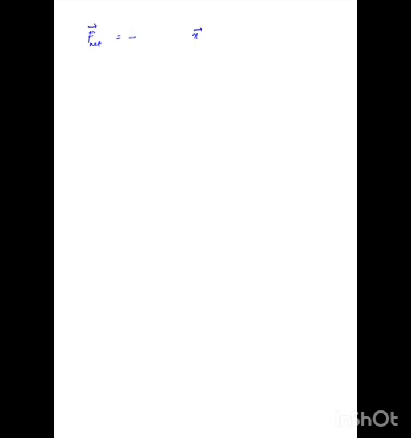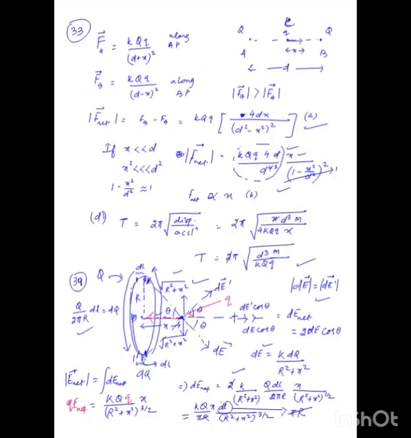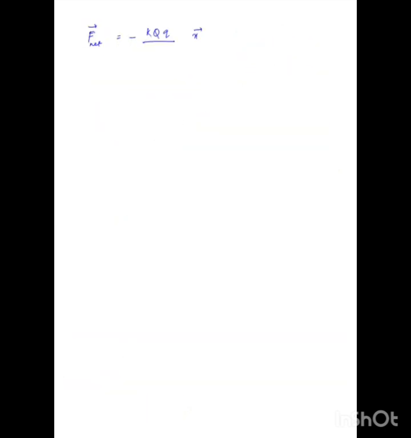We are treating the x direction as the x vector, and not the unit vector, but this is having a magnitude of x, and it is exactly opposite because it will be attractive. So kqq over, what was the rest of the expression? Well, the x was certainly there, and in the denominator we simply had (r squared plus x squared) raised to the power 3 over 2.